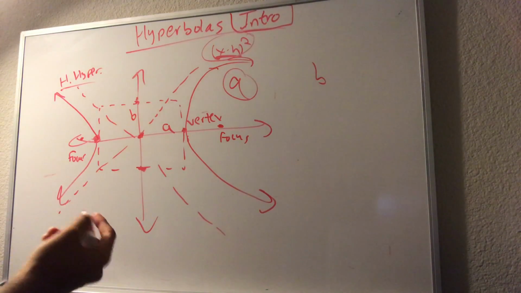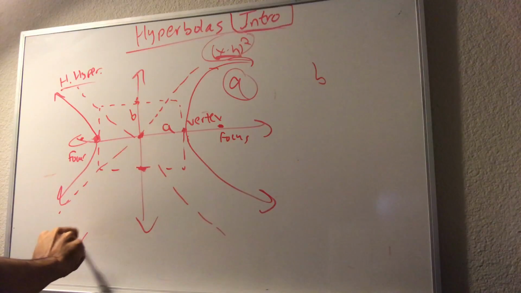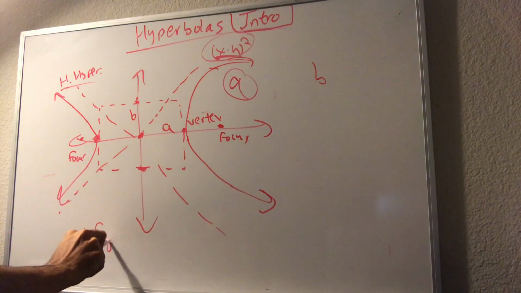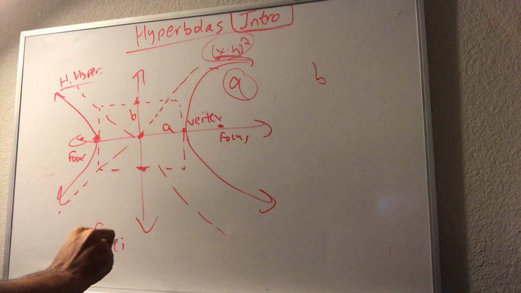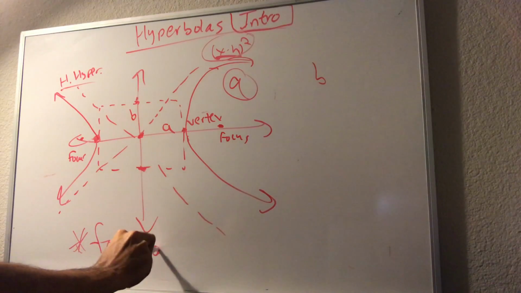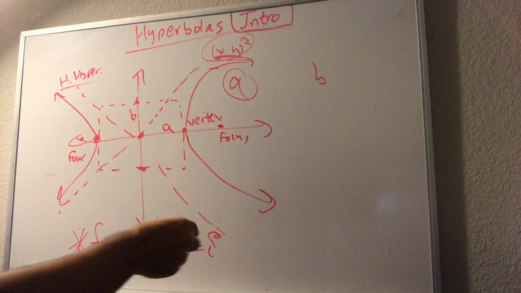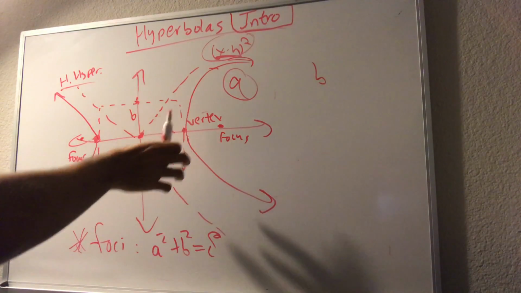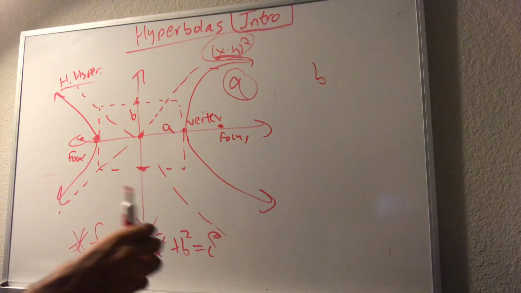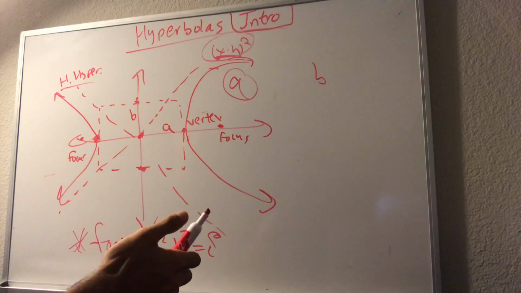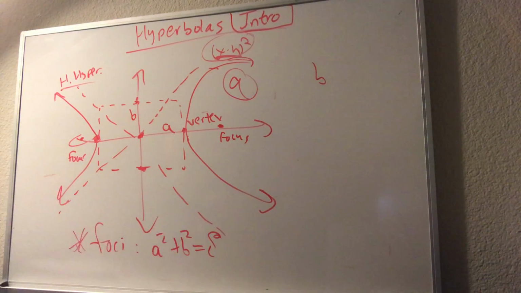However, for a hyperbola, when you're finding the points of the foci, a squared plus b squared is equal to c squared. So more like the Pythagorean theorem, and c must be the greater value because it's the distance from the center to your focus point. So that is the value of c.